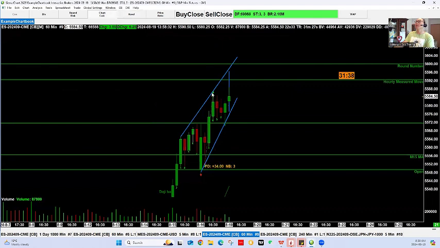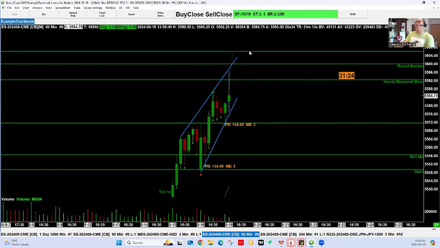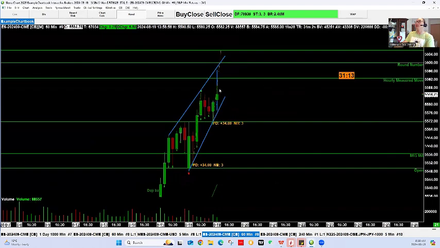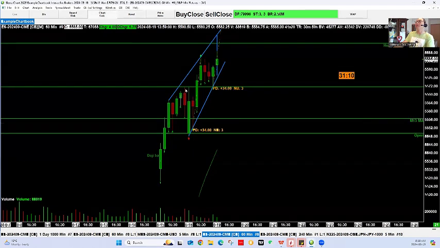If we measure leg 1 with leg 2, this is leg 2. The leg 1 measured move is here. Leg 1, 45. Leg 1, leg 2.